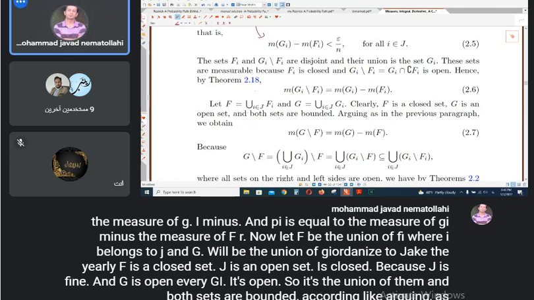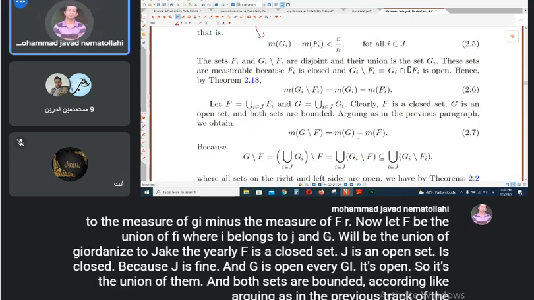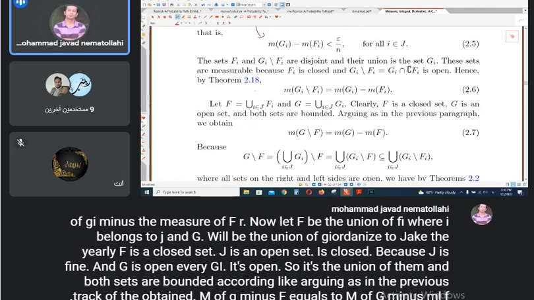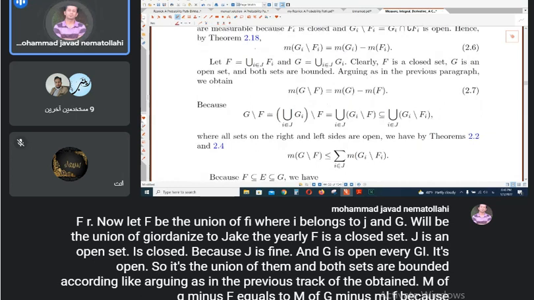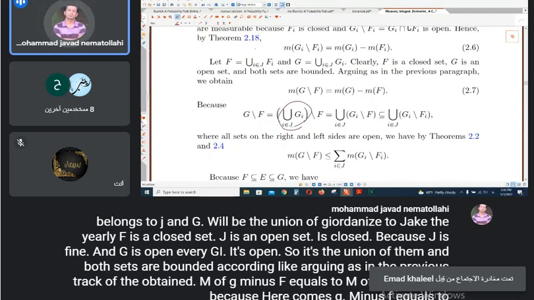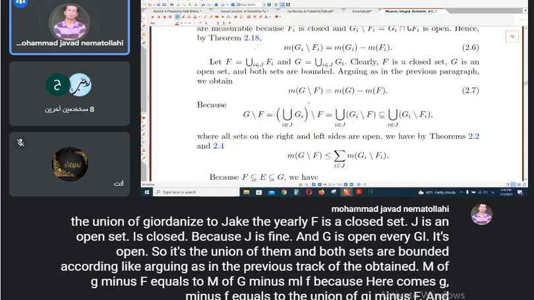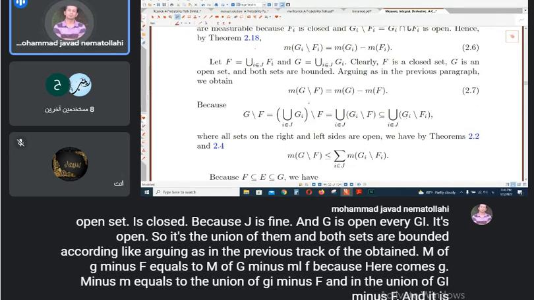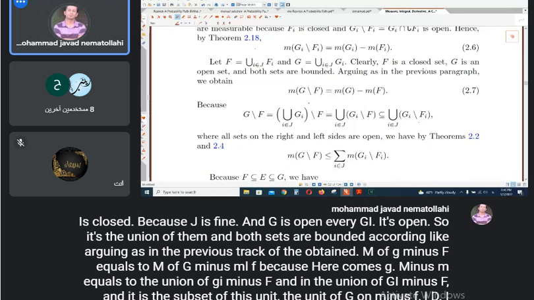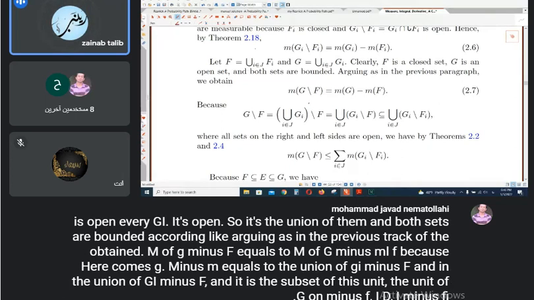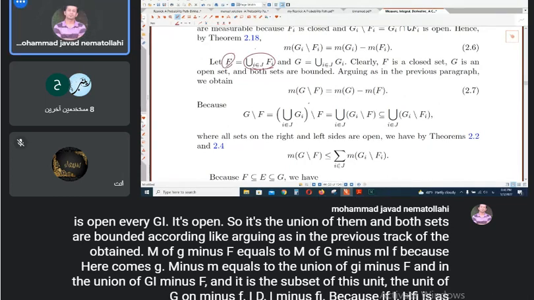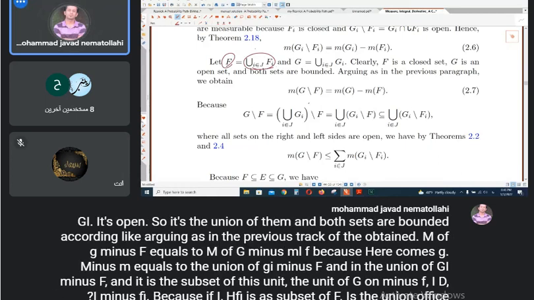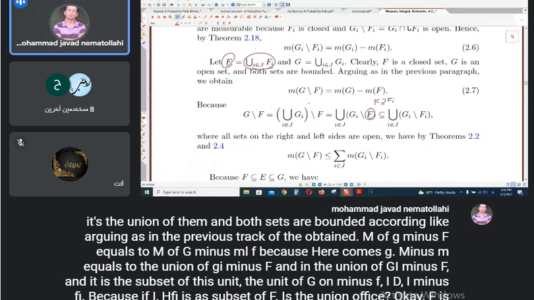Arguing as in the previous paragraph, we obtain m of G minus F equals m of G minus m of F because G minus F equals the union of G_i minus F, and it is a subset of the union of G_i minus F_i, because each F_i is a subset of F. F is the union of F_i, so F is a superset of F_i for each i.